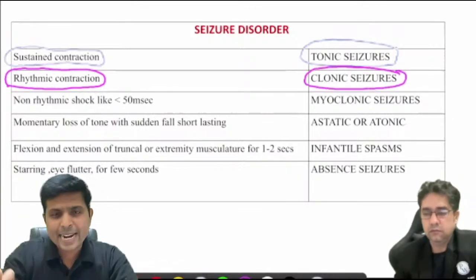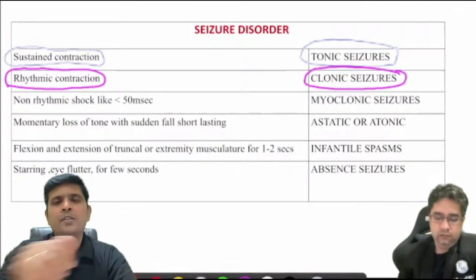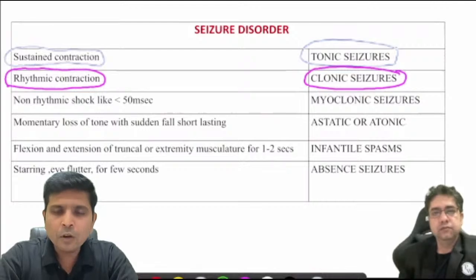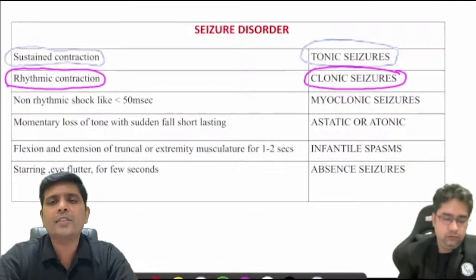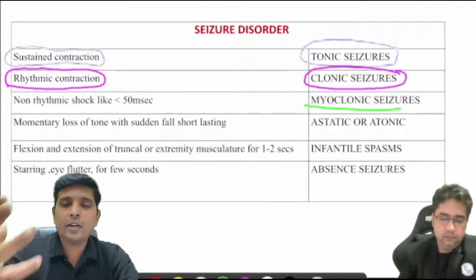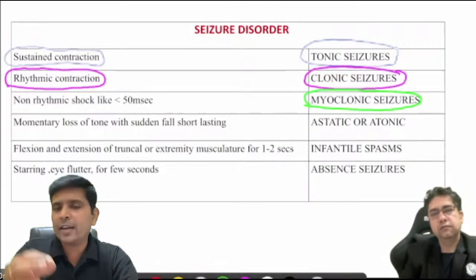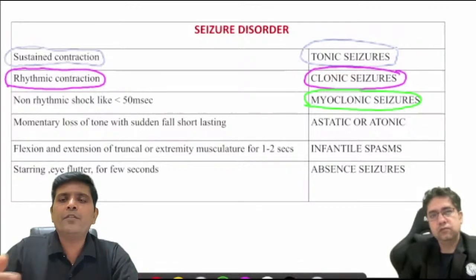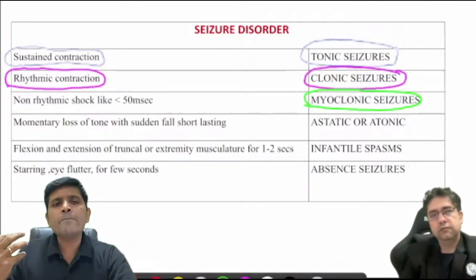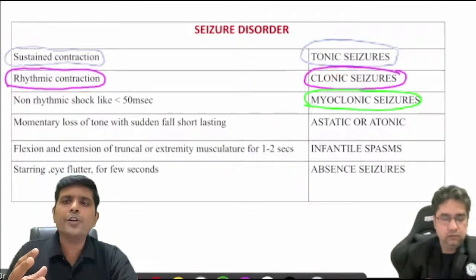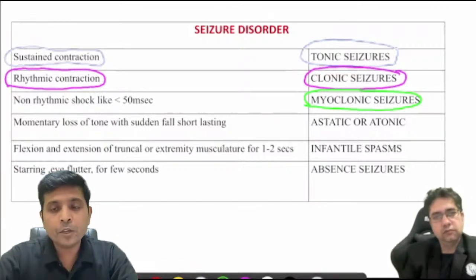If that sustained contraction comes and goes, it is called clonic seizure. Then what is called myoclonic seizures? Remember, tonic seizure is usually due to some damage to the brain. For example, in a newborn, we usually think in terms of an intraventricular hemorrhage. Clonic seizures are usually due to hypocalcemia.